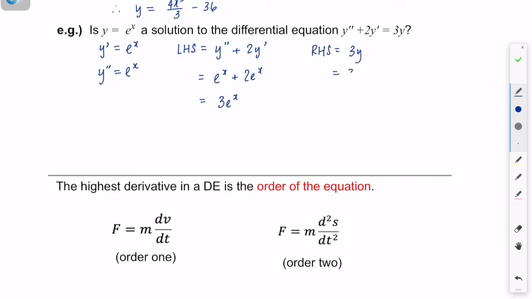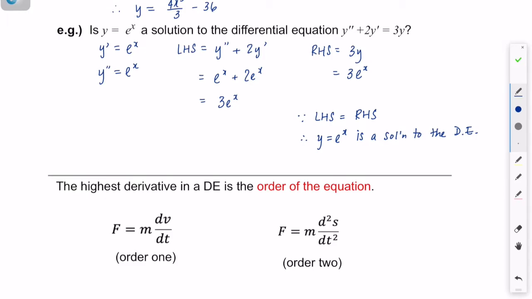Subbing in y is 3e to the x, sorry. So since left hand side is equal to right hand side, therefore y equals e to the x is a solution to the differential equation. Okay.